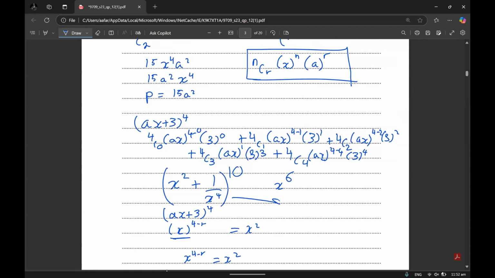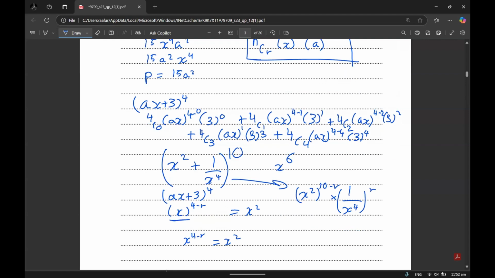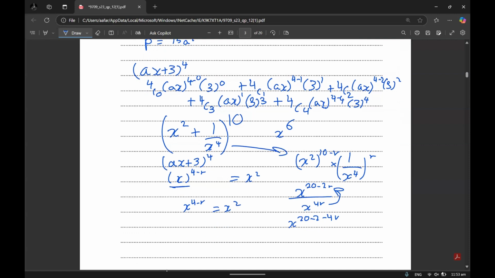In this complex expression, we will get (x square) power 10 minus r into (1 over x^4) power r. So if you simplify it, you get x^(20 minus 2r) over x^(4r). If you bring it up over there, it becomes x^(20 minus 2r minus 4r) since they are dividing.